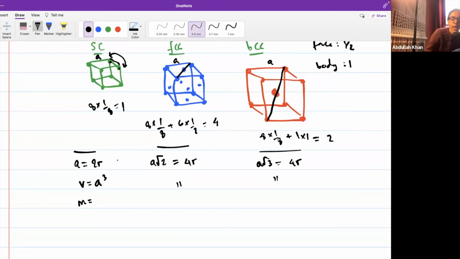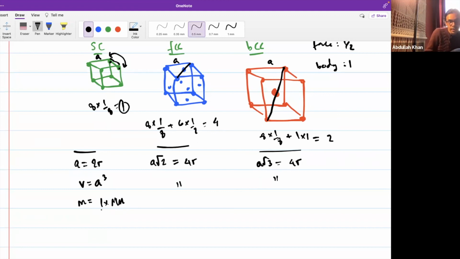Well, how many atoms are inside a unit cell in SC? 1. So it's going to be 1 times, look up the molar mass of whatever atom is making up this lattice. But the molar mass is the mass for 1 mole of atoms. You're only looking for the mass of 1 atom.